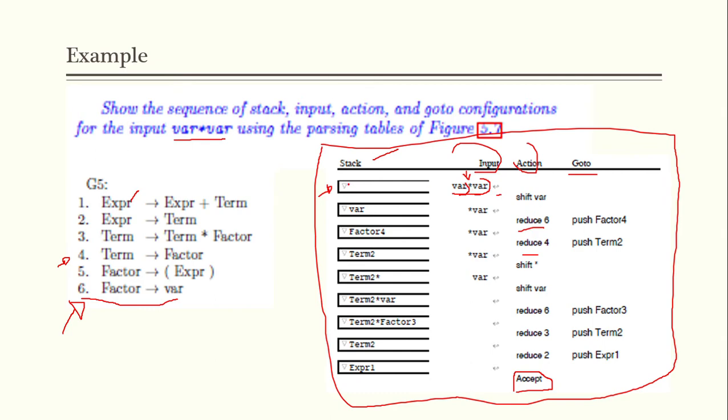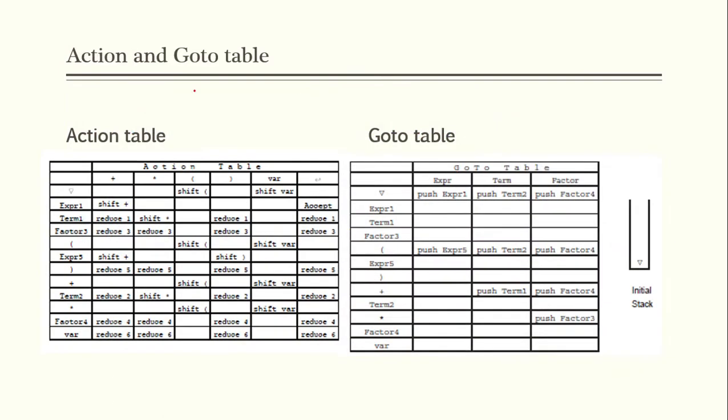So this start symbol is your stack symbol, which is the row of the action table, and the var here would be the column. You need the start symbol as your row, and the column part is var.